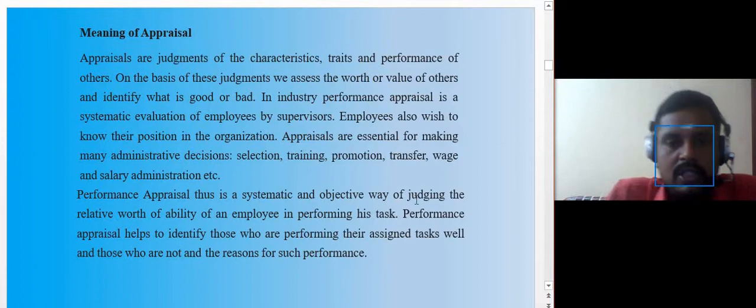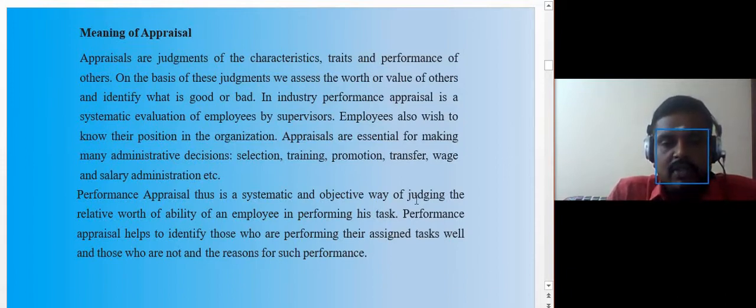The employees also wish to know their position in the organization, and appraisals are essential for making many administrative decisions: selection, training, promotion, transfer, wages and salary administration, etc. So performance appraisal is a systematic and objective way of judging the relative worth or ability of an employee in performing his task.